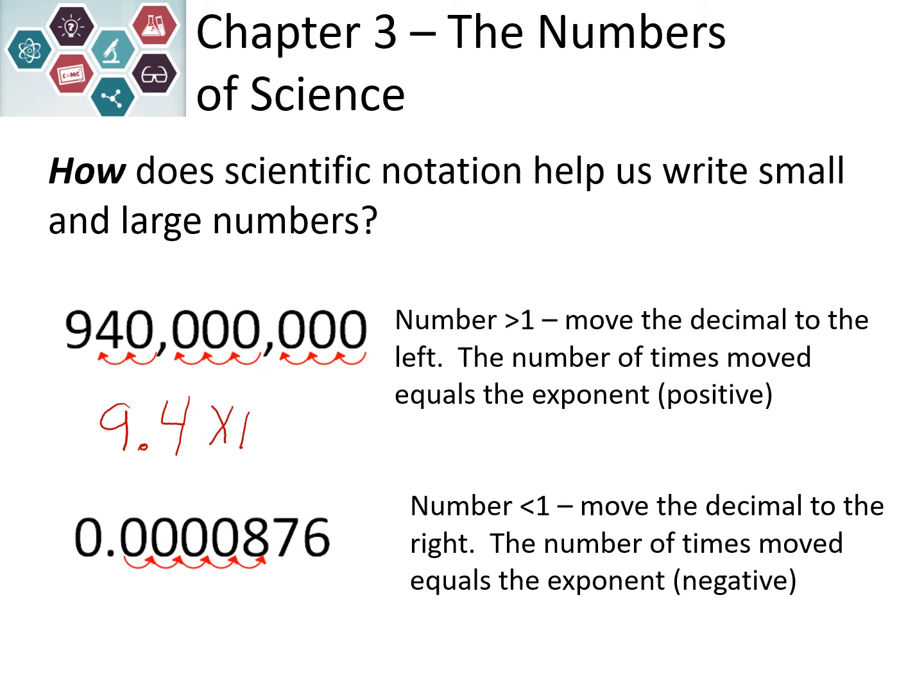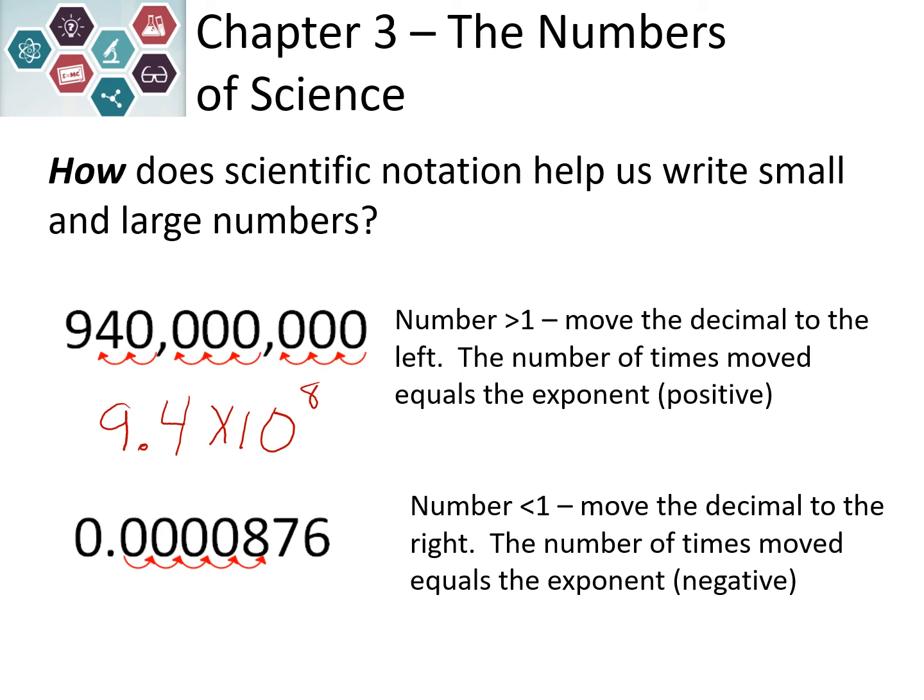We're going to include that base unit of times 10. And to figure out our exponent, we see how many times we move it. So 1, 2, 3, 4, 5, 6, 7, 8. So our exponent is times 10 to the 8th. It's positive because it's larger than 1.